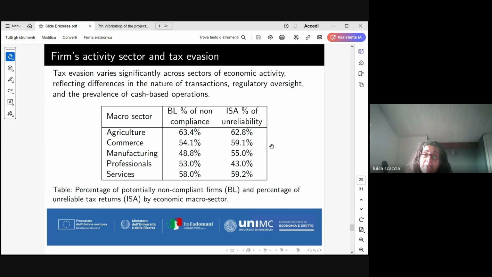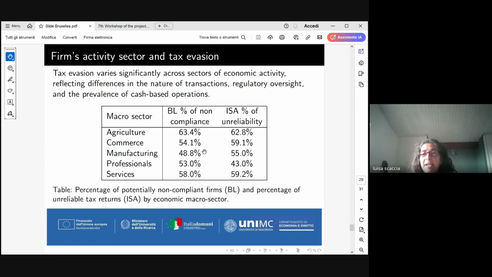And also tax evasion varies according to the sector of activity. In this case, we have the data concerning the other indicator, the ISA indicator, and we can see that both methodologies reveal how agriculture is the sector most affected by evasion, and we've seen earlier this morning that it is also a very affected sector from a more general point of view of fraud.